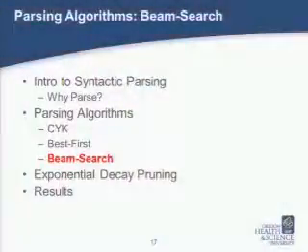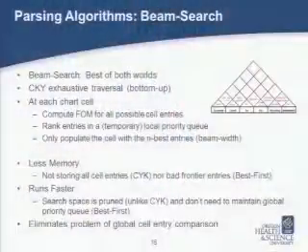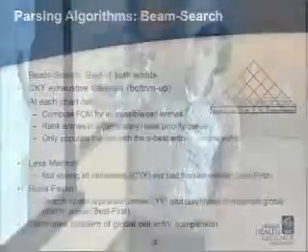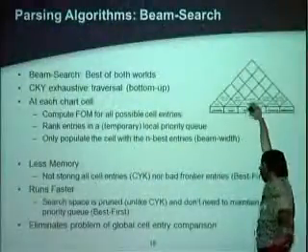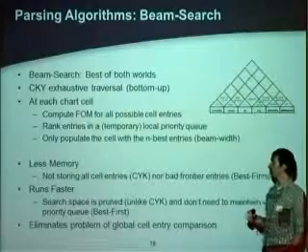So that leads into beam search next. And beam search for parsing, I think, is kind of the best of both worlds. How it works is we do an exhaustive cell traversal in the chart. So we're going to enumerate all of these cells as the CYK algorithm does. But in each cell, we compute the figure of merit for all possible cell entries.